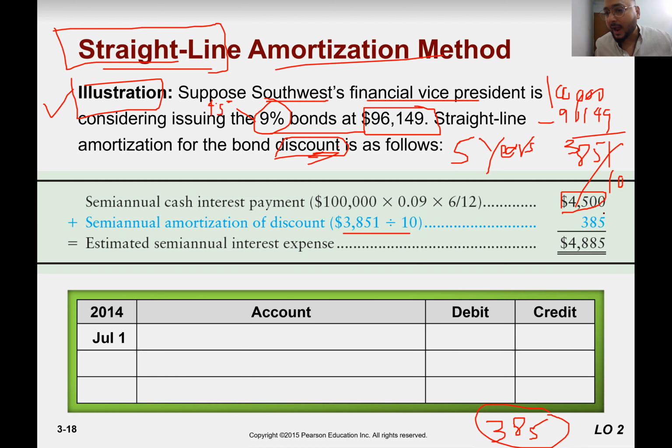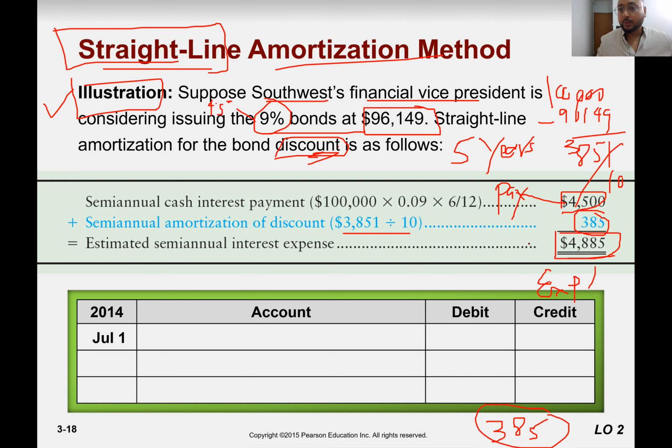Just add this into our payment. So interest expense is going to be 4,885. So this would be your fixed amount of interest expense, and this would be your fixed amount of interest payment. So in that case, your interest expense and your interest payment will not be disturbed.